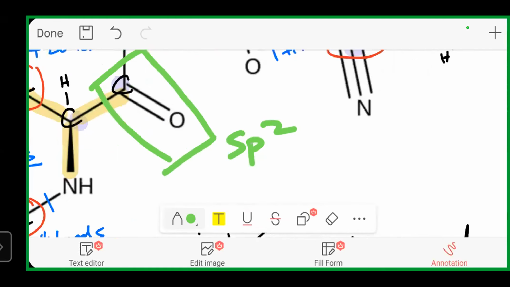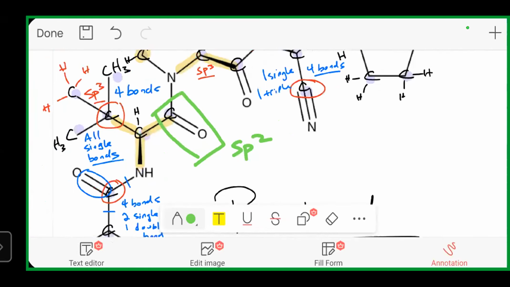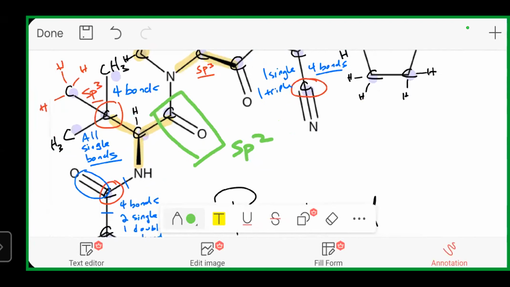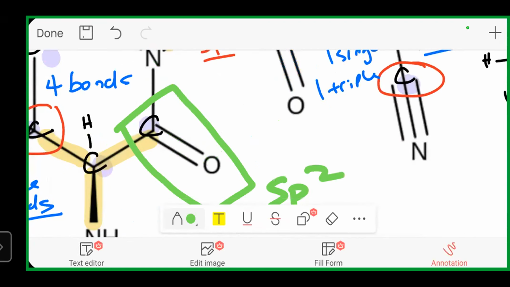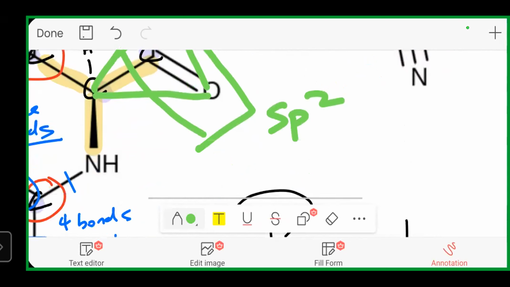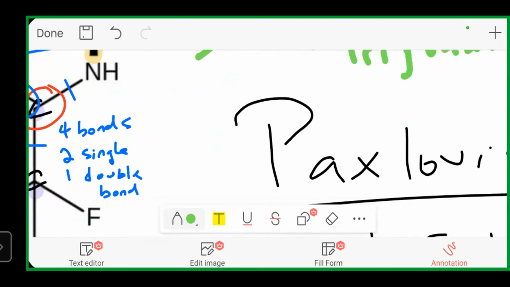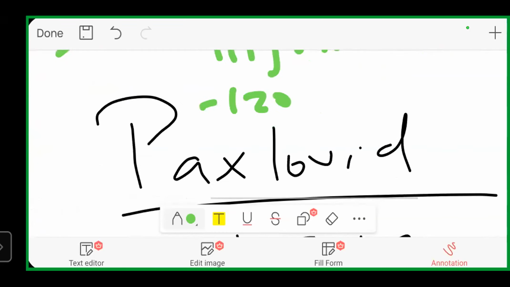That carbon is sp2. If you notice the shape, you can see immediately that it's in the shape of a triangle. You see that? So every sp2 carbon is going to be trigonal and it's going to have a 120-degree bond angle.